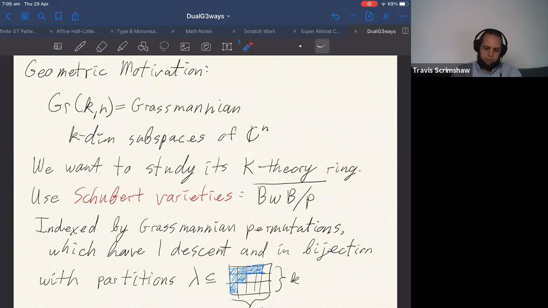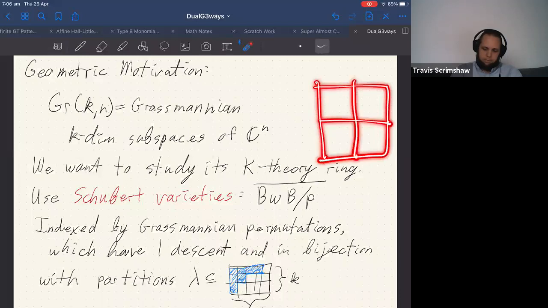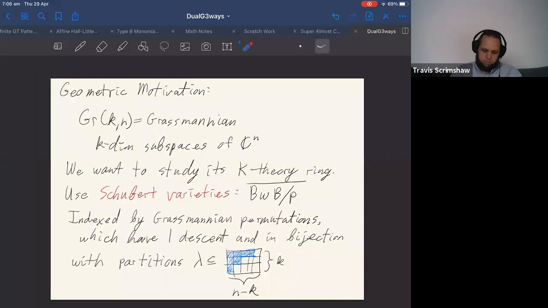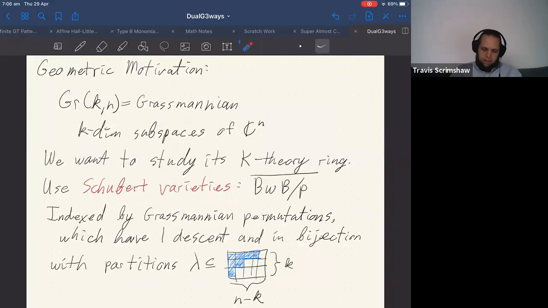So in terms of block diagonal matrices, it'll look something like this, where one diagonal block will be k by k, and the other block will be n minus k by n minus k. Then we look at some orbits, and then we take the closure, and these are what Schubert varieties are.